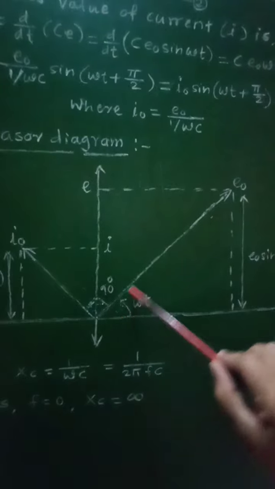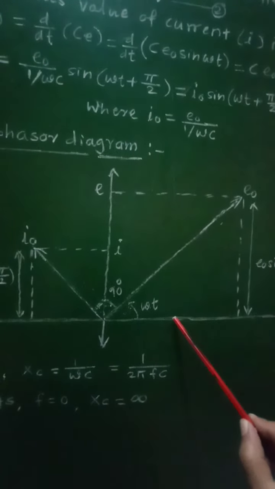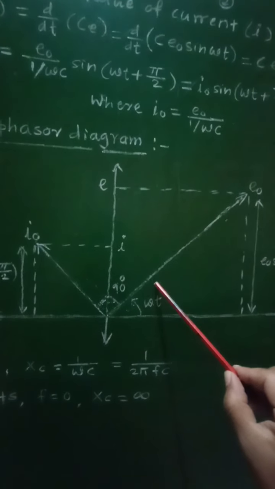So the phasor EMF makes an angle of omega t with the horizontal axis in anti-clockwise sense.